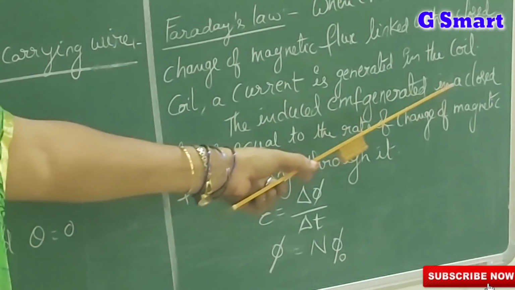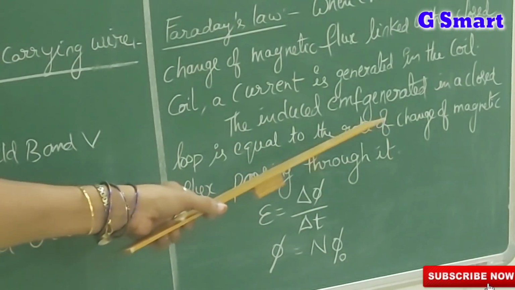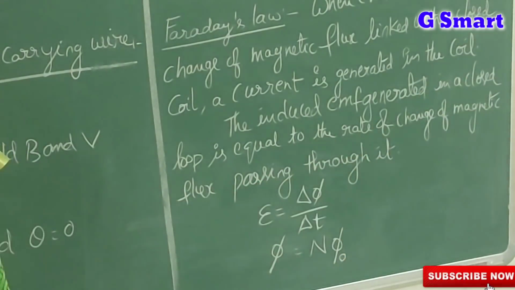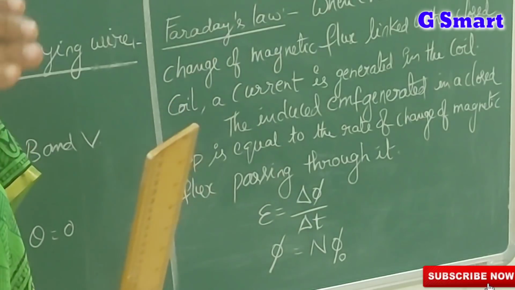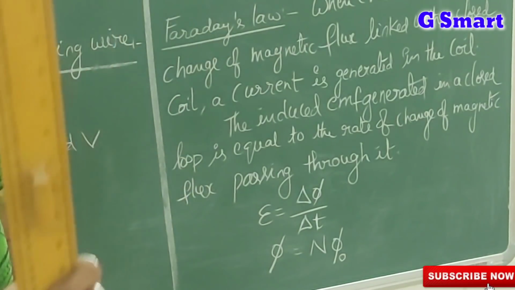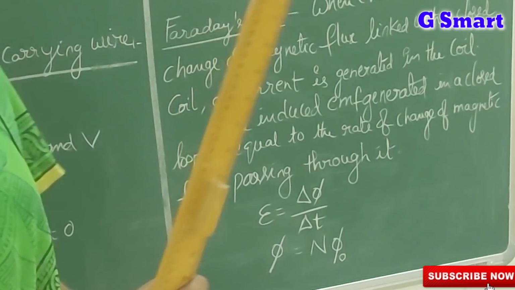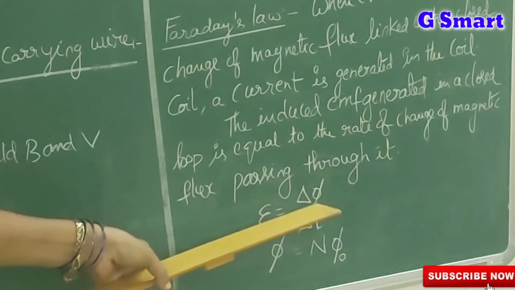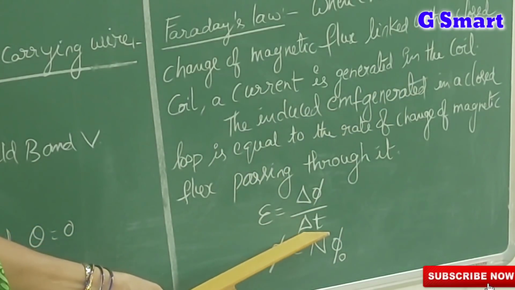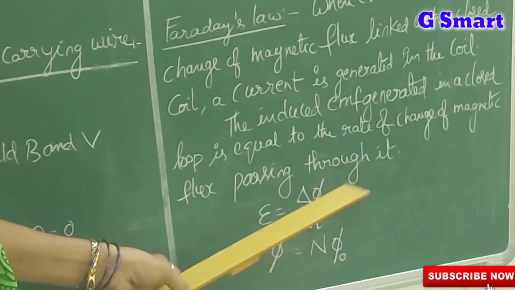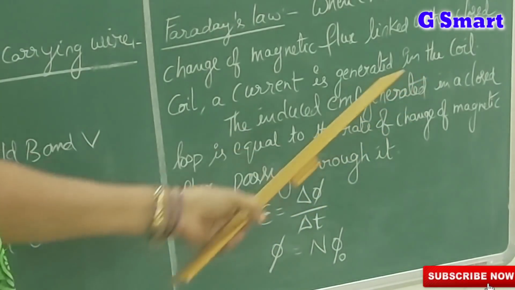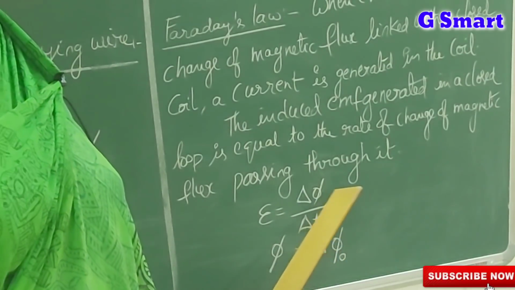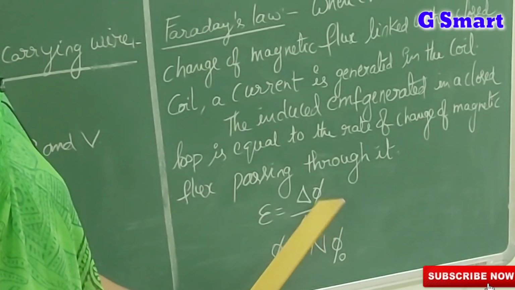The induced EMF generated in a closed loop is equal to the rate of change of magnetic flux passing through it. Magnetic flux is phi. Change of magnetic flux is delta phi, and delta phi by delta t is the rate of change of magnetic flux. That rate of change gives you the induced EMF, denoted by E. Here phi is the total flux.